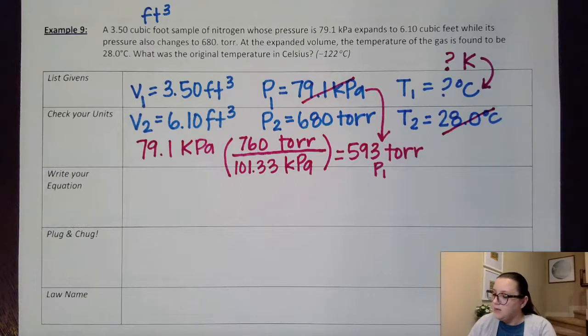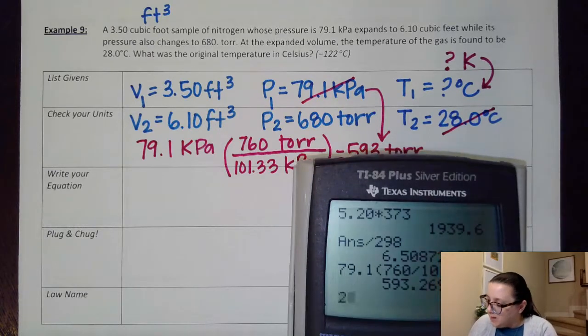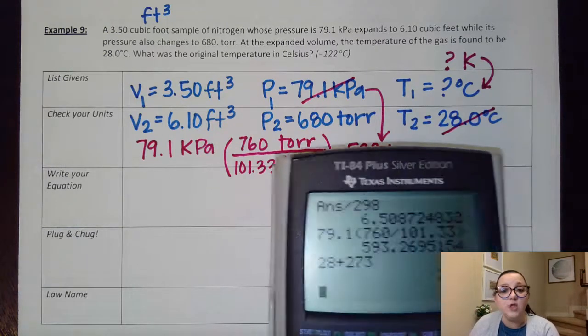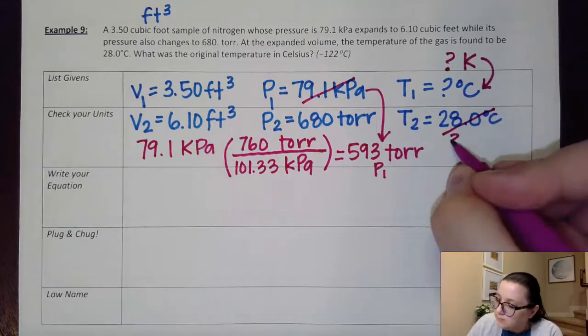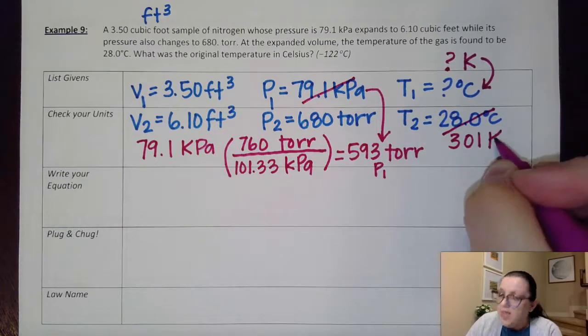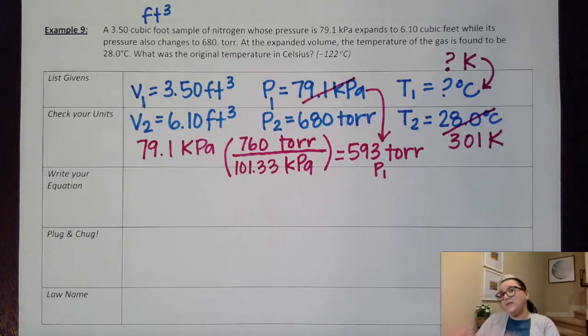When I add my 28 plus my 273, that's going to get us 301. And so I'm going to end up with getting an answer that I will then have to convert. So we're going to have to be really careful here.